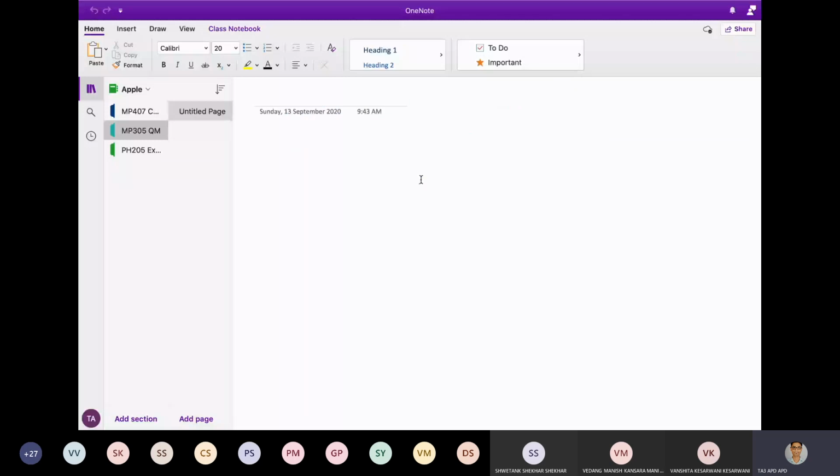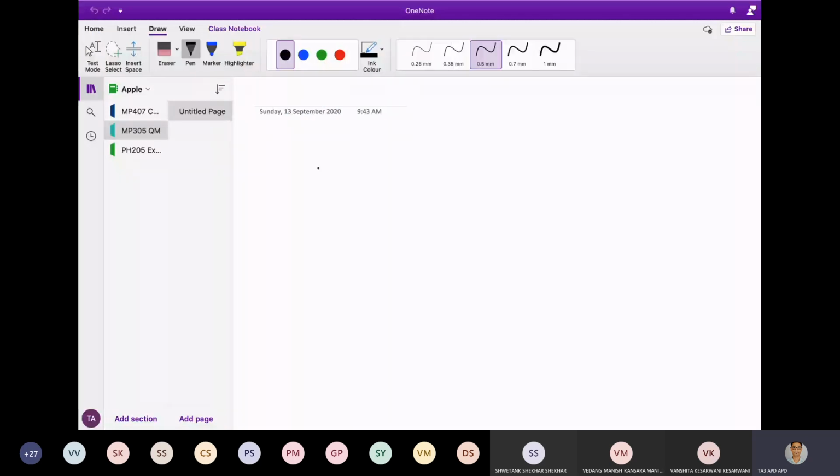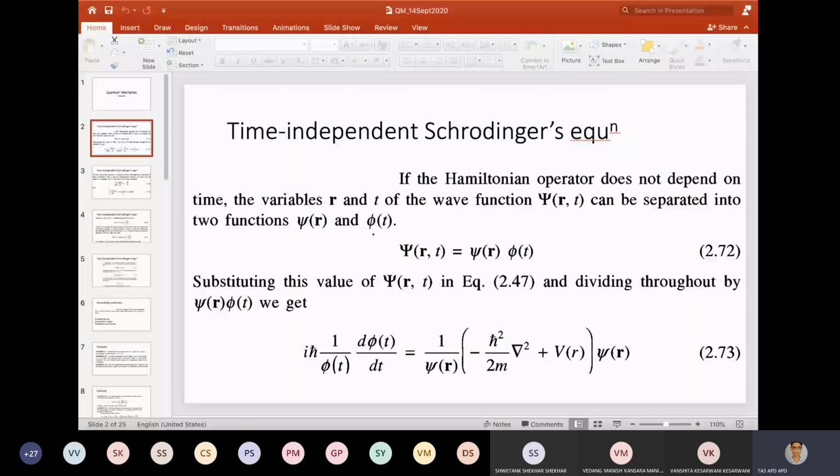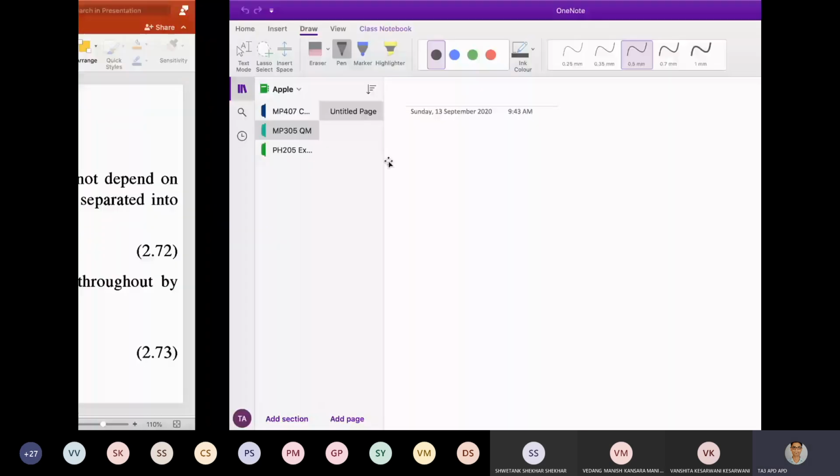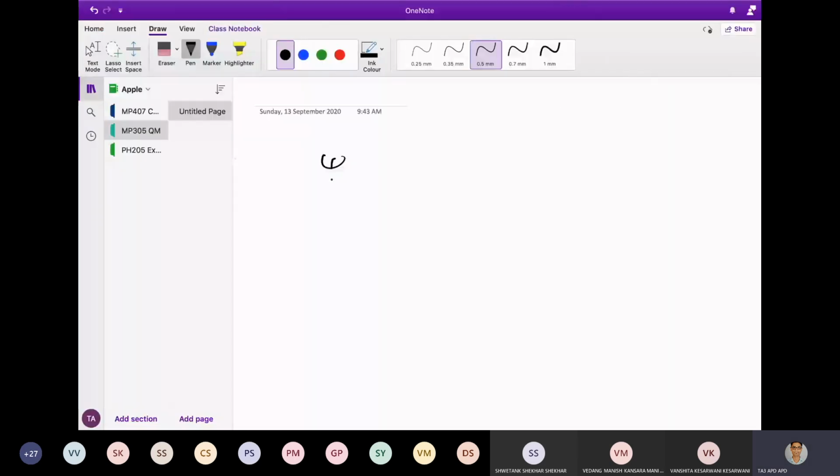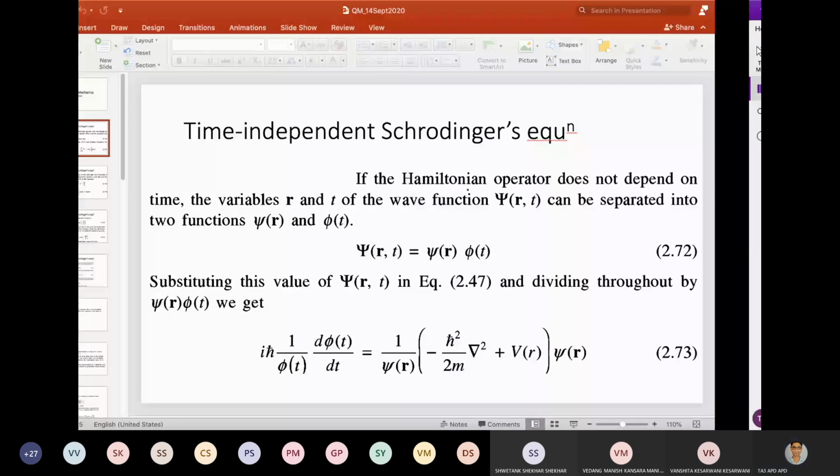For this, if I want to substitute psi(r,t), you have psi(r,t) is equal to psi(r) and phi as a function of t, and the equation is this. So in this equation, I'm substituting psi equal to that particular expression.